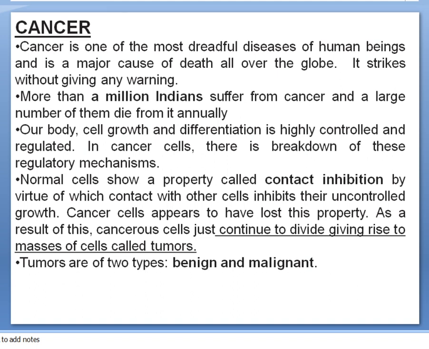When this property of contact inhibition is lost, the cells will not form any tissue. Just the multiplication of the cells goes on. When the cells multiply without any control, they form a mass of cells, a group of cells, which leads to the tumor. So cancer is nothing but tumor.